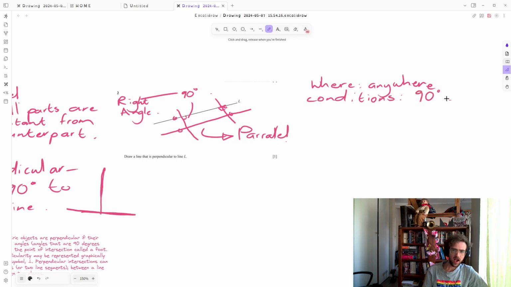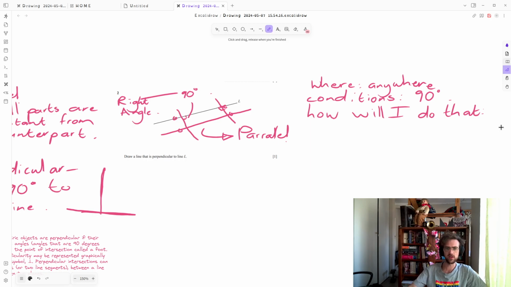90 degrees. How will I create a 90-degree angle? Yeah, how am I going to make sure that I'm making a 90-degree angle in my exam? Yes, that is called a protractor.